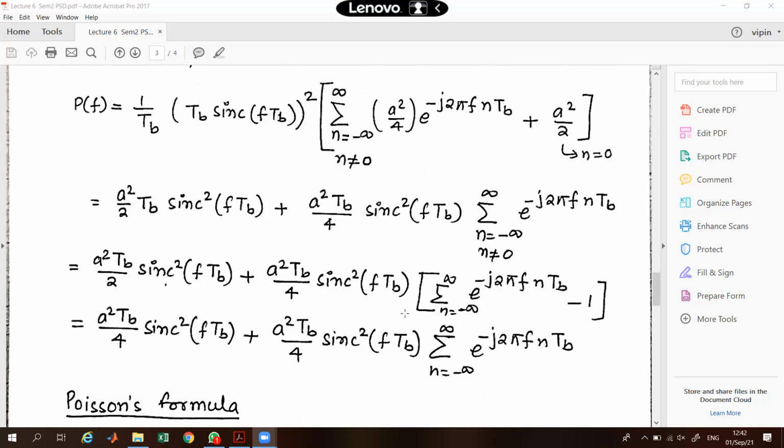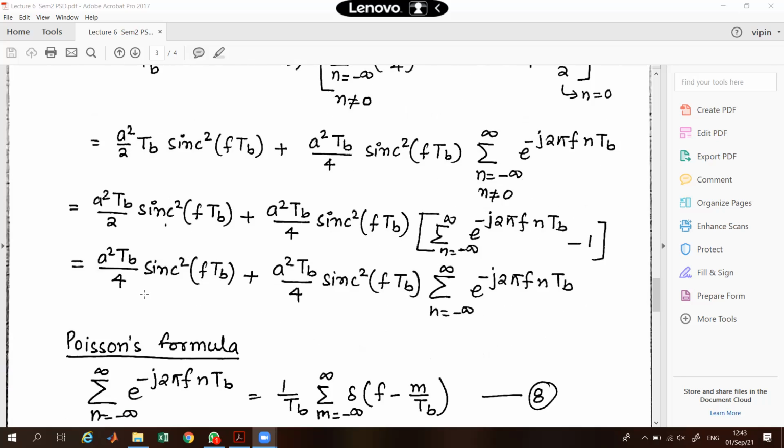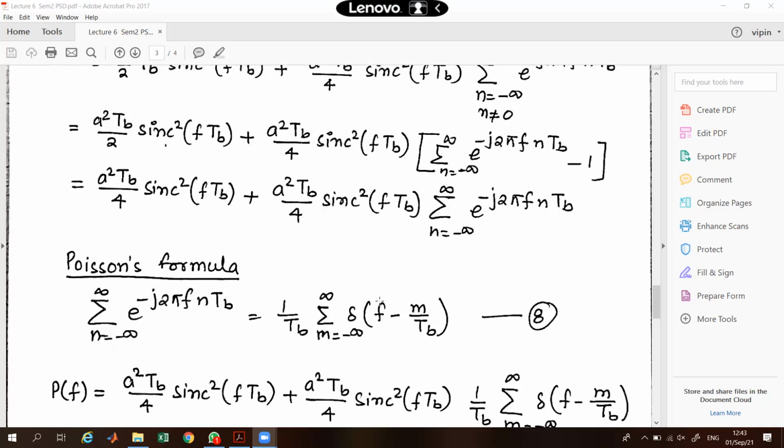What we are doing is that we are including n equals 0 here. When you put n equals 0, you will see that there's a minus here. So basically we are adding 1 to this complete equation, and when we add 1 to it, we need to subtract it also. Then the function will become this.